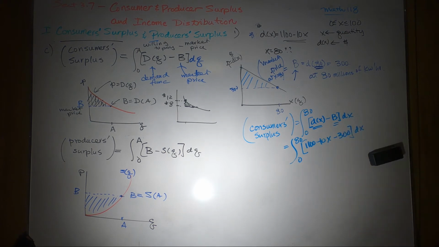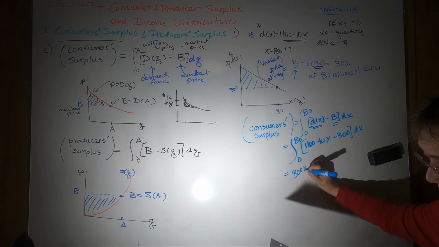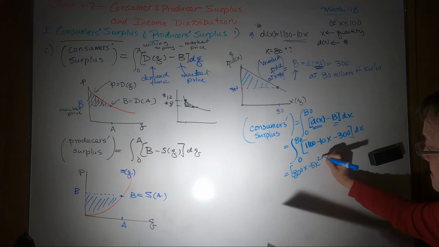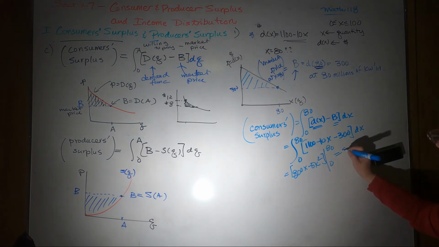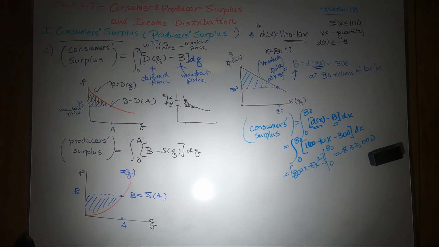Then you find the value. That would be your result. Okay, so when we do that, we have what? 800x minus 5x squared from 0 to 80. So that would be what? You do your math, plug in, and that would be 32,000.